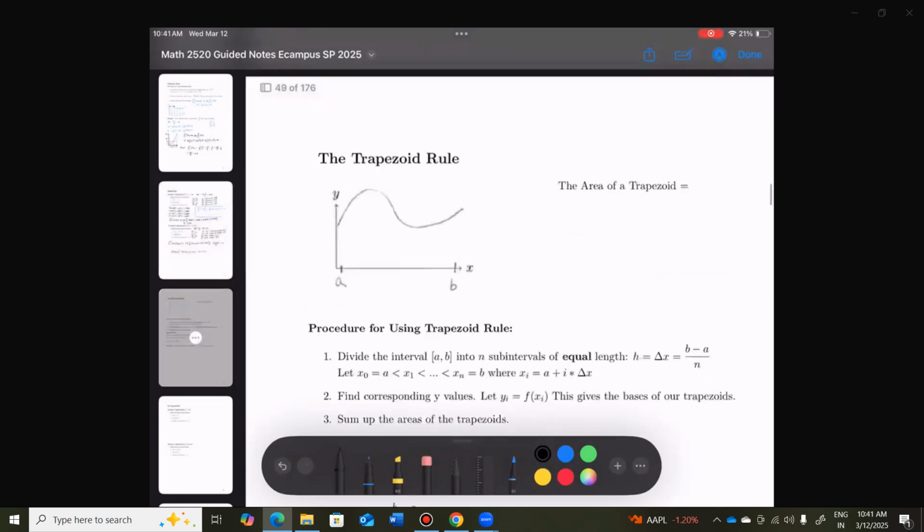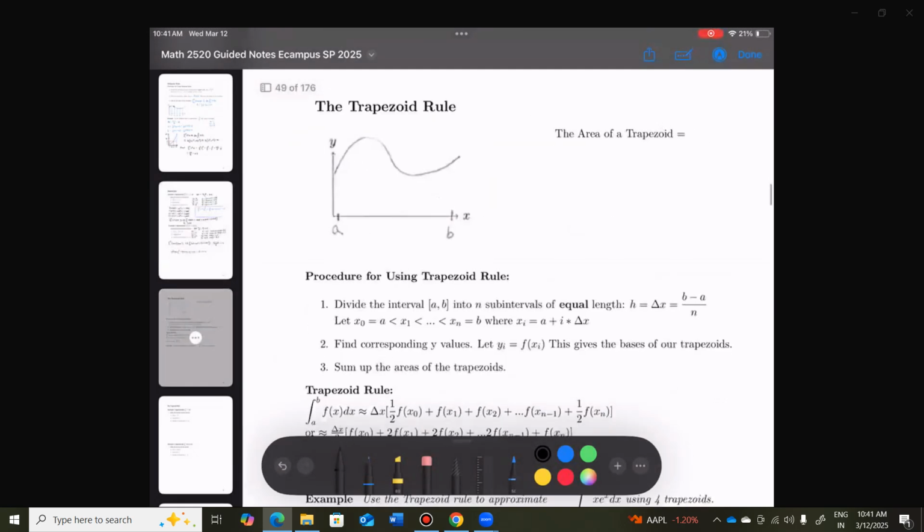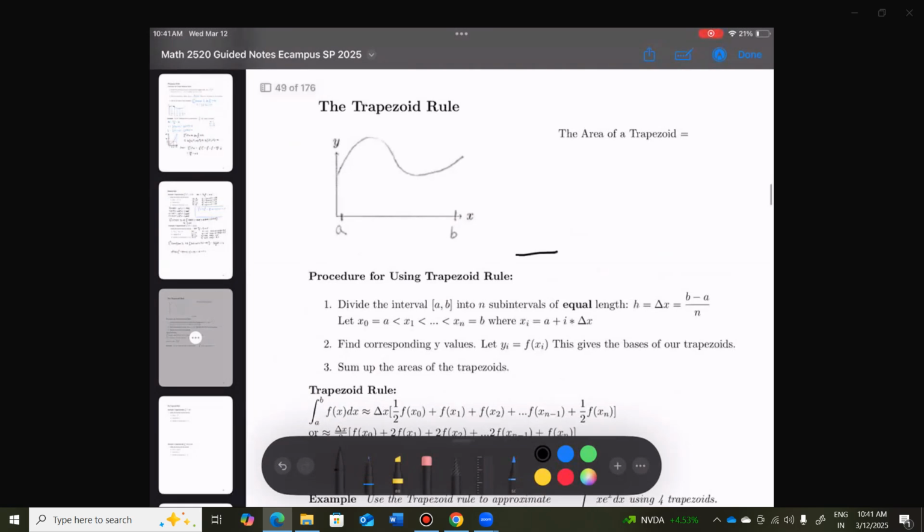All right. Next rule. They follow very similar procedures. It's just more of a few differences here and there that you have to memorize. With the trapezoid rule, instead of making a rectangle, we make a trapezoid like this. This is f of x. This is f of x plus 1.